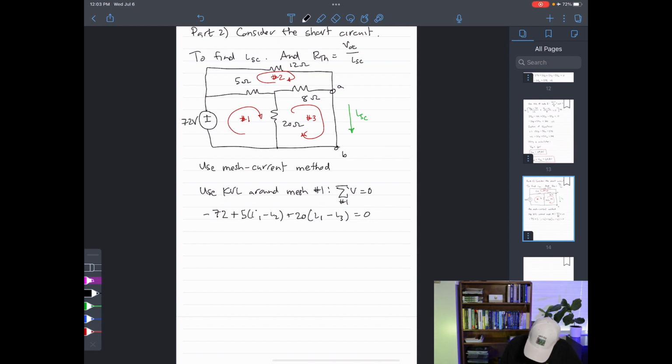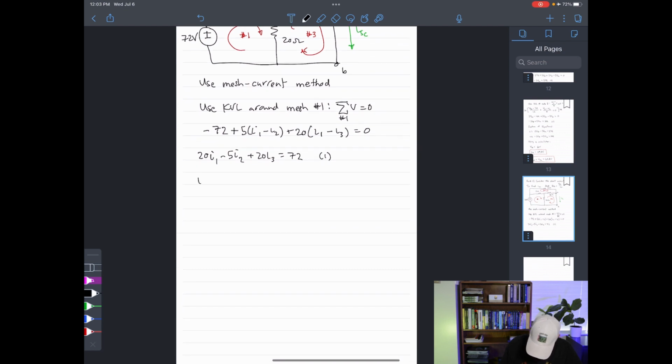I then am going to use KVL around mesh number 2. So the sum of the voltages around this new mesh must add up to 0. Once again, I'm going to start here, and I'm going to go in the same direction. I first go through the 12 ohm resistor, and I'm going in the same direction as I2, so 12 times I2.